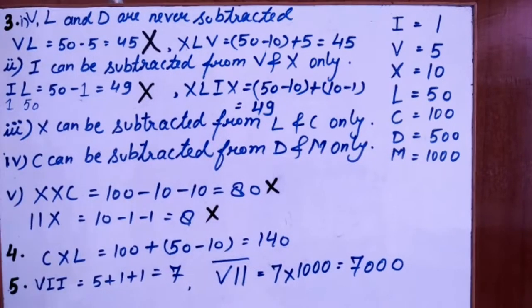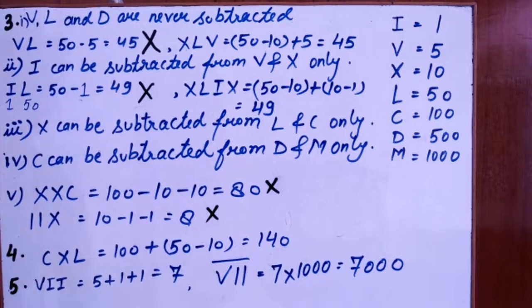Understood? The fifth one is a letter of smaller value can be written to the left of a letter of greater value only once. I repeat, a letter of smaller value can be written to the left of a letter of greater value only once.